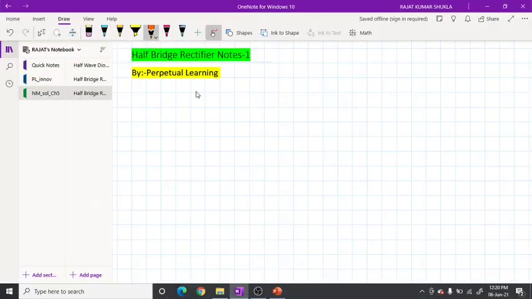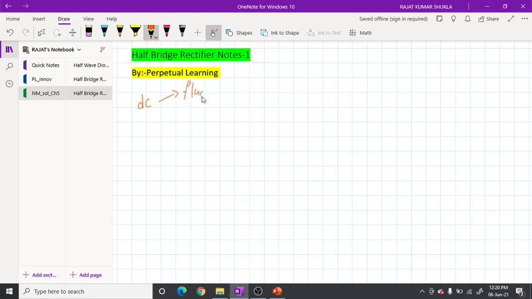A rectifier is basically used to convert AC to DC. If you are talking about DC, different kinds of DC are available.